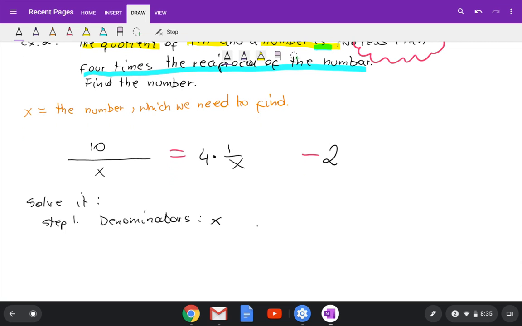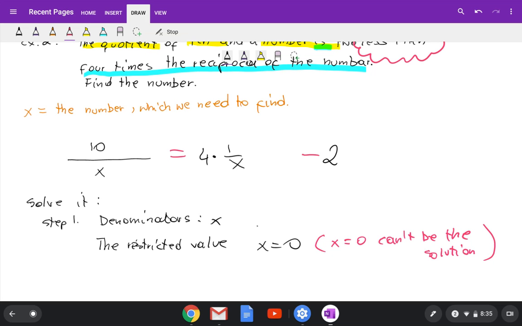Also, I want you to find the restricted value. You make your denominator equal 0, so x equals 0 is a restricted value, which means it cannot be the solution. Okay, x equals 0 can't be the solution. It doesn't make sense. When x is equal 0, we have an undefined statement because we're having 10 divided by 0.